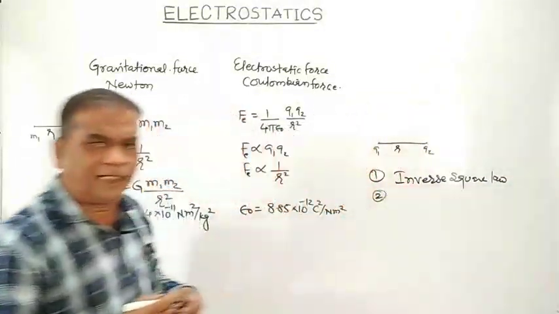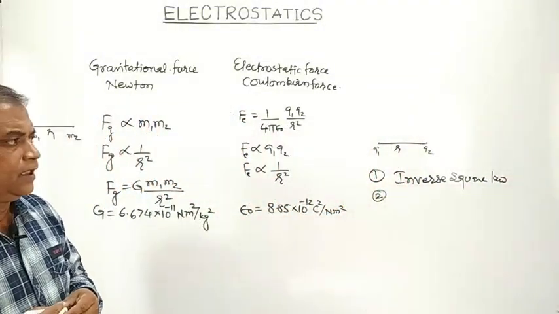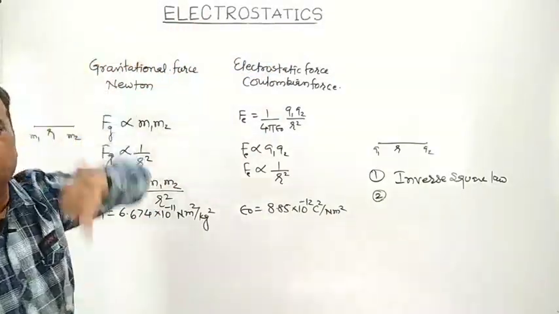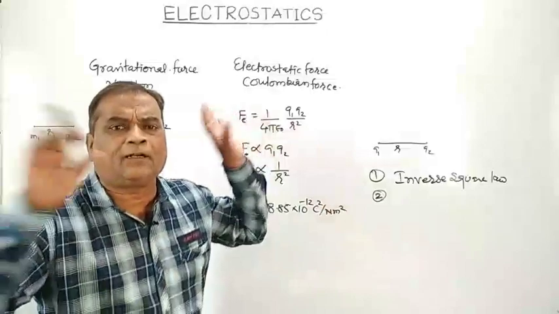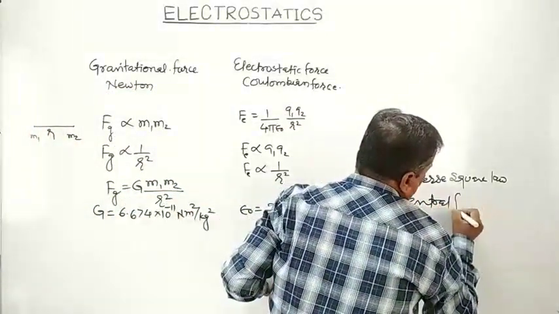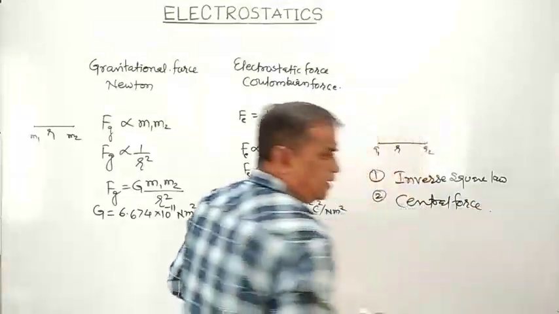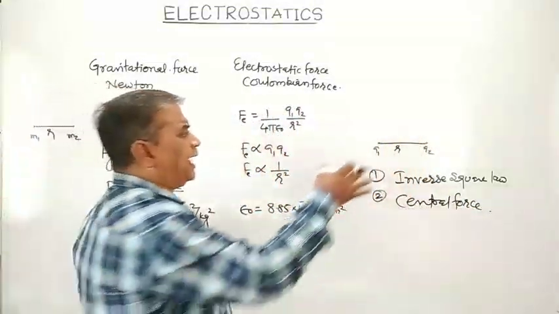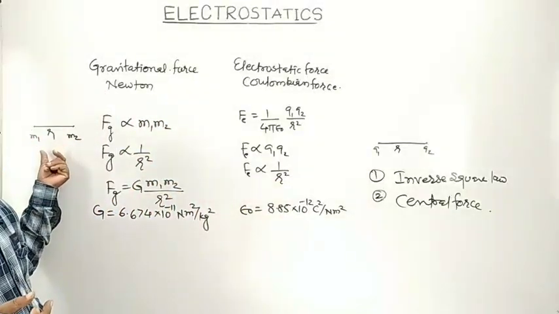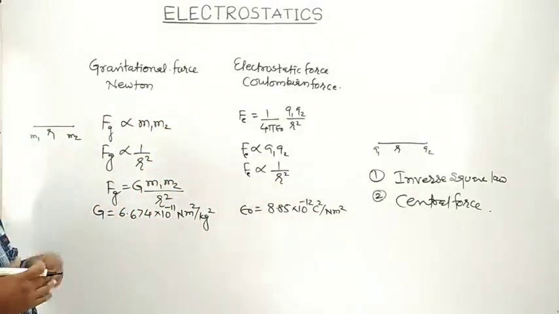Now what is the second similarity? Both the electrostatic force as well as the gravitational force are central forces. They are central forces, means they will act along the line joining the two charges or along the line joining the two particles or the two masses.